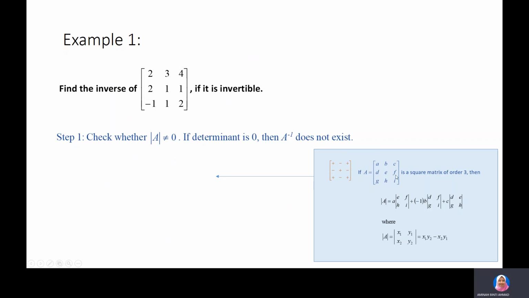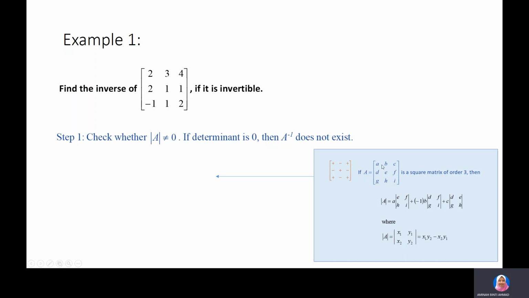Remember the formula of the determinant for size 3. We can choose any leading row that we want, provided we remember the signs of the matrix: positive, negative, positive, negative, positive, negative, positive, negative, positive.